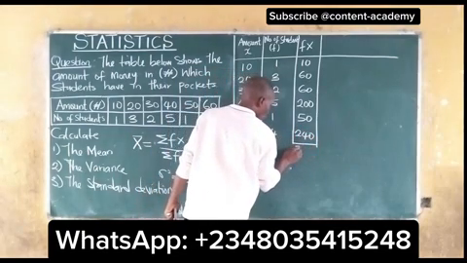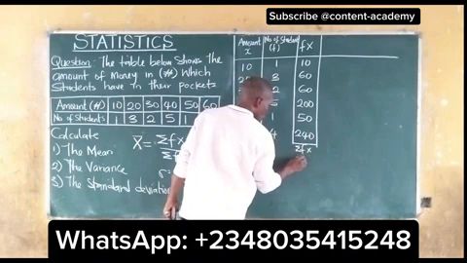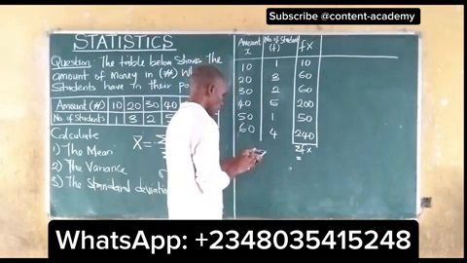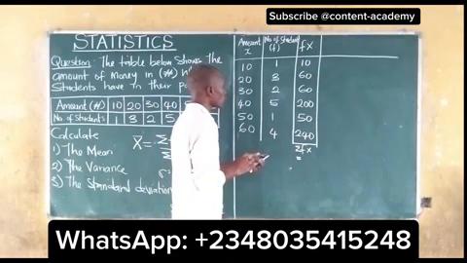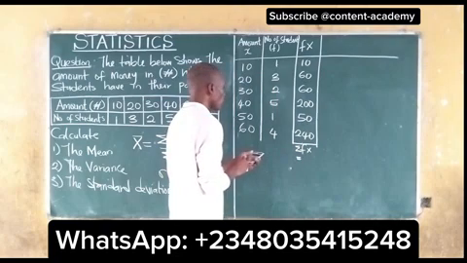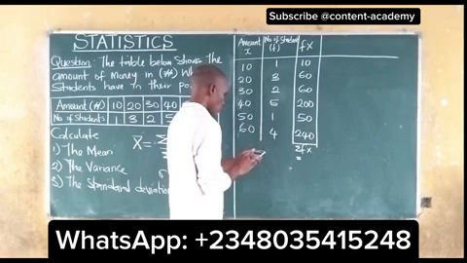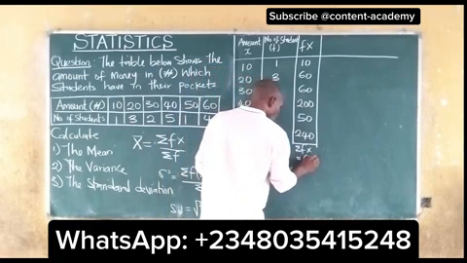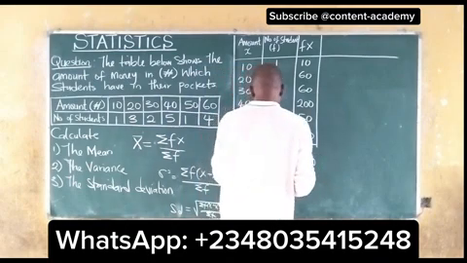So the summation of f of x will be 10 plus 60 plus 60 plus 200 plus 50 plus 240, which is 620.